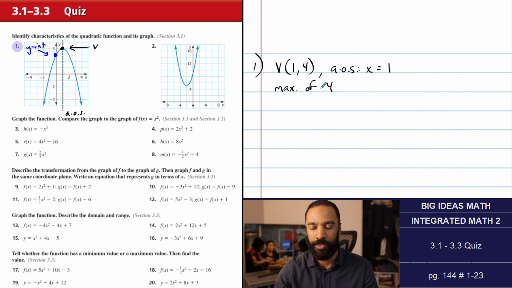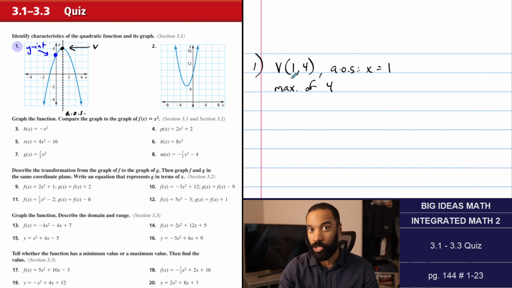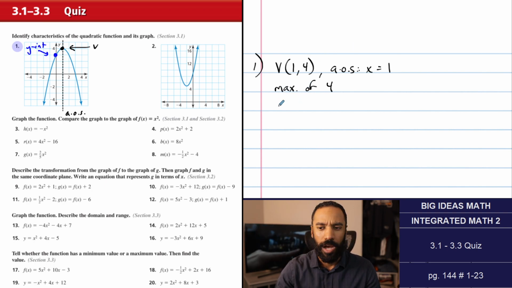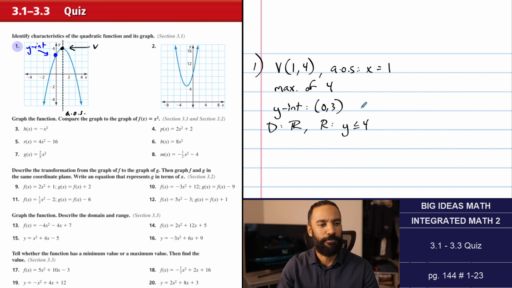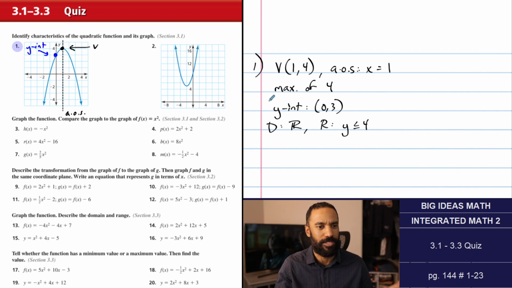That's the y value, and that helps you understand your range as well. Y-intercept at 0, 3, your domain is all real numbers, and your range is y is less than or equal to 4. I hope those were the only things we needed, and hopefully it's making sense.